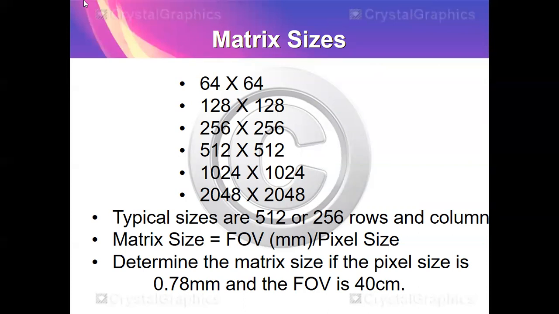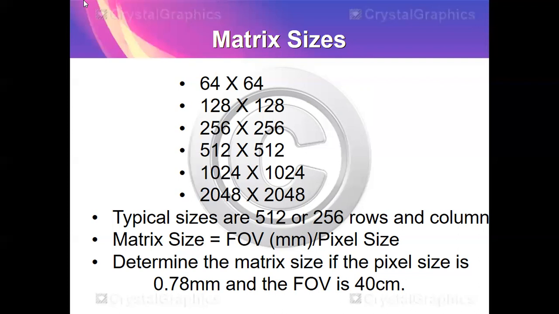To determine the matrix size, we have the formula: matrix size is equal to the field of view, which is measured in millimeters, divided by the pixel size. For example, determine the matrix size if the pixel size is 0.78 millimeters and the field of view is 40 centimeters.